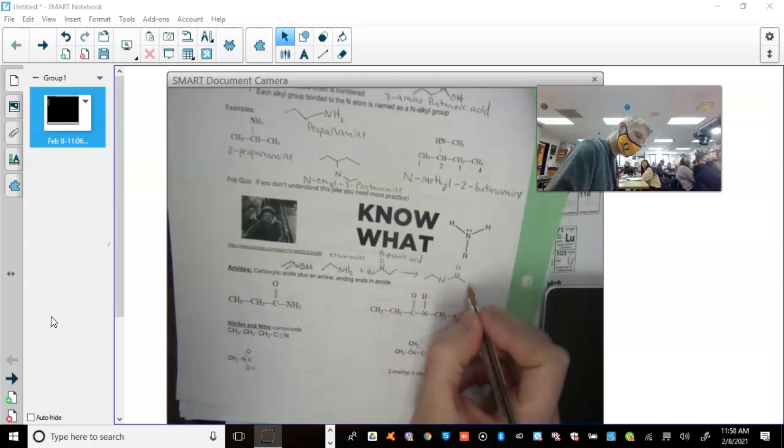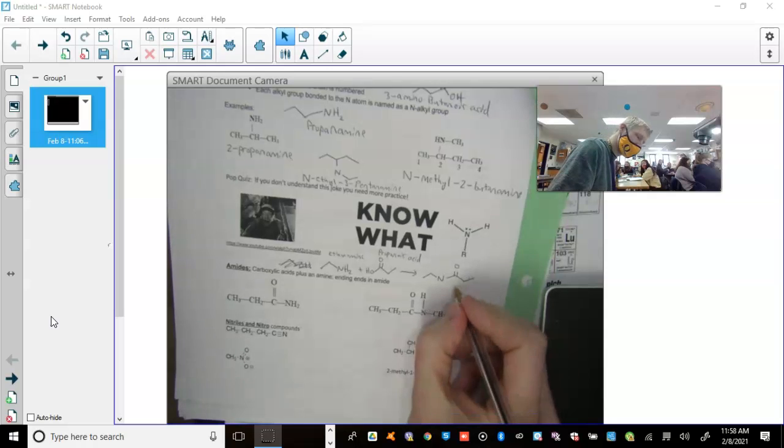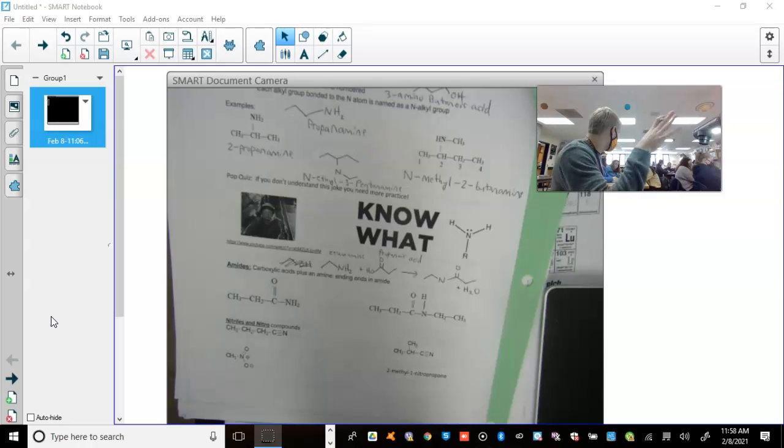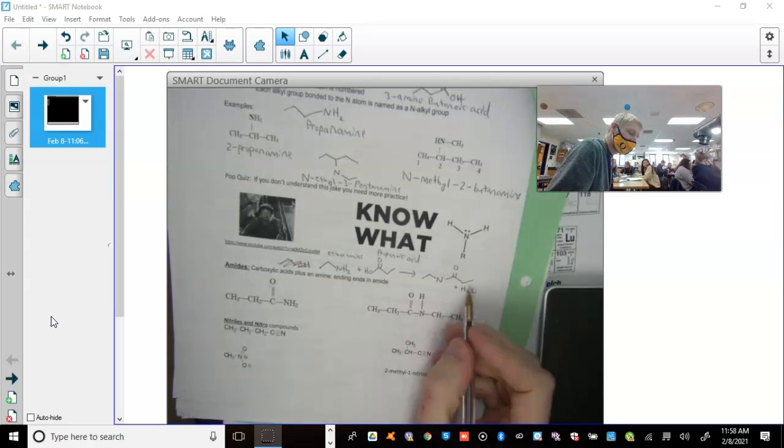One, two, three. What do you think is the other molecule that's produced? H2O, you got it. What's another name for this type of reaction along with esters? Condensation reaction. Yeah, condensation reaction. So there's two types of condensation reactions. One is the formation of an ester, and the other is the formation of an amide.